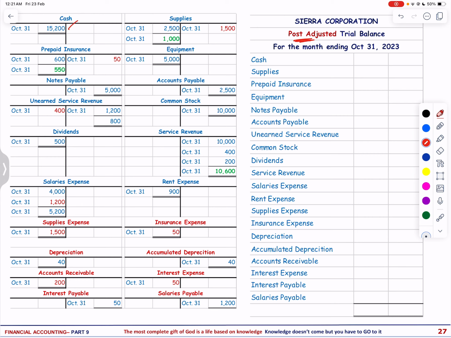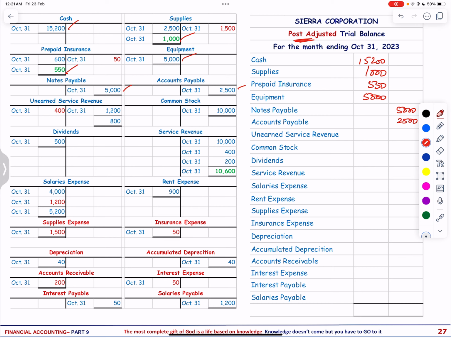We have cash 15,200. We have supplies for 1,000. Prepaid insurance is 550. Equipment is 5,000. Notes payable is 5,000. Accounts payable is 2,500.